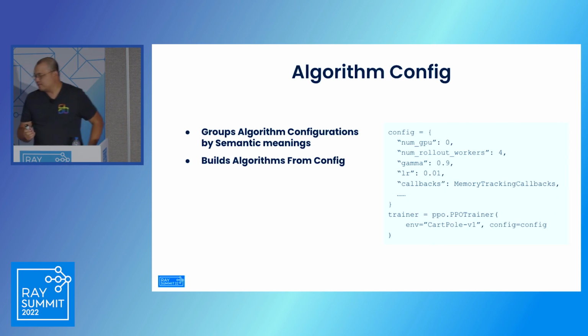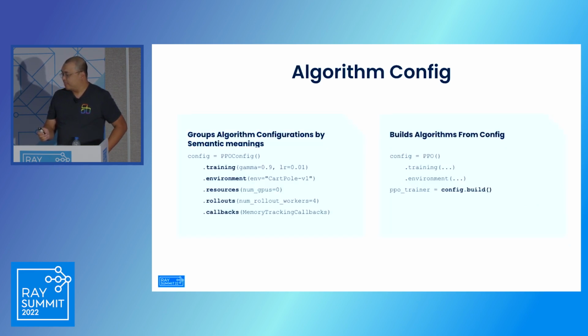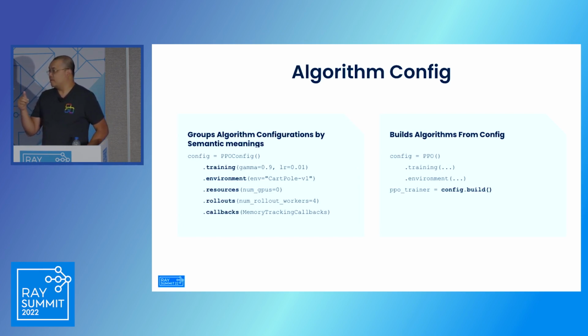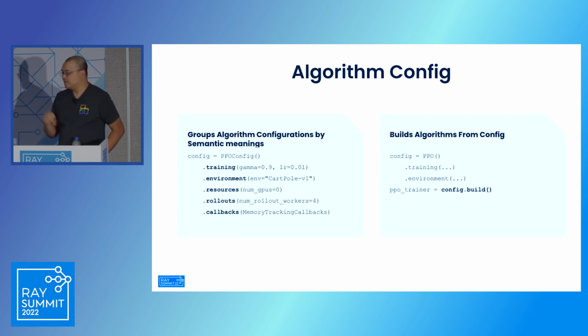As you can see on this slide, this is the old way you would configure an RLlib trainer. And going forward, this is how you do that. On the left-hand side of the script, you see that we import this thing called PPO config. Instead of a Python dictionary, it's actually a data class object now. You initialize it, call training, environment, and resources on it, and you can chain all these configurations together, which makes things much clearer.